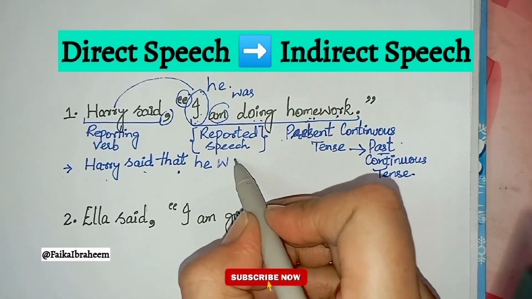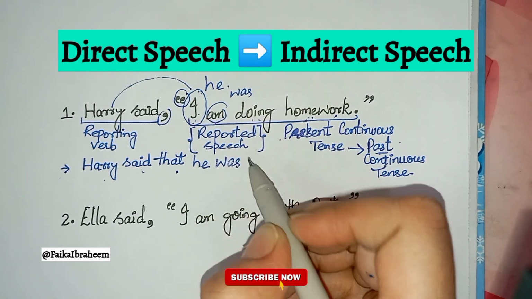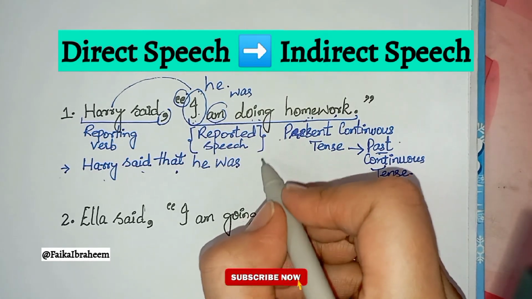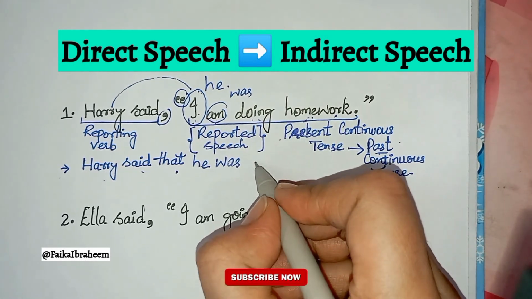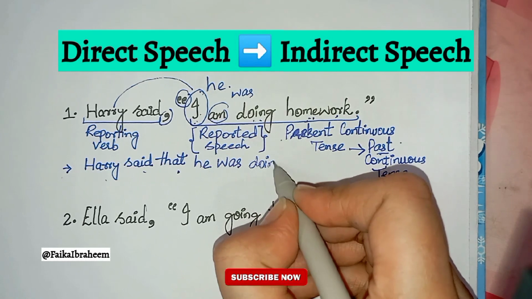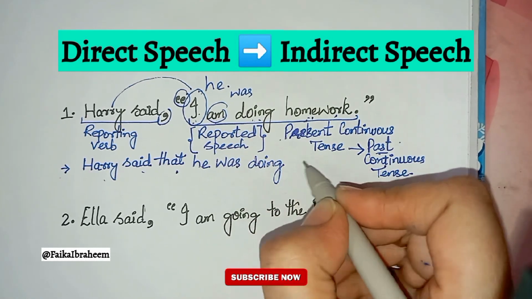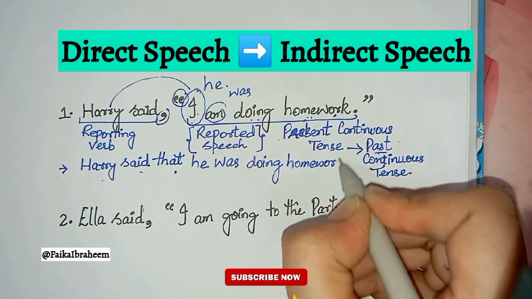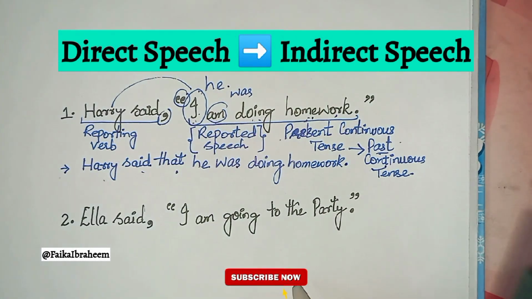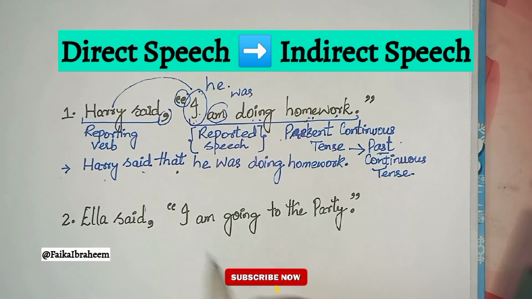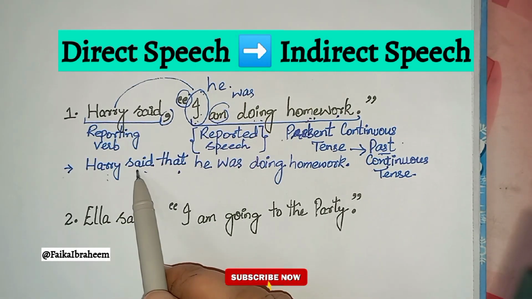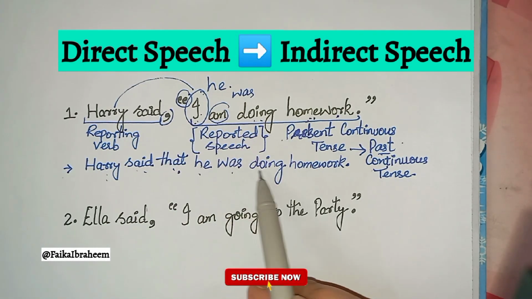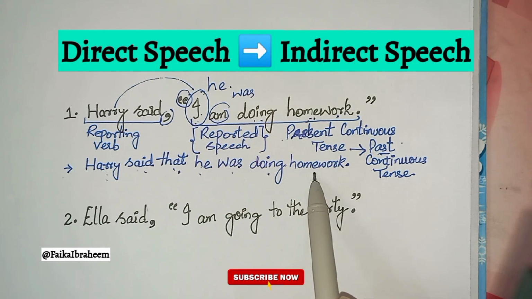So am changes into was. He was doing homework. He was doing homework. So the sentence is: Harry said that he was doing homework.